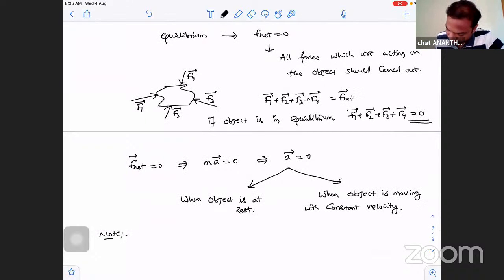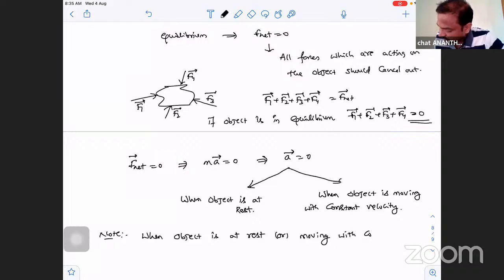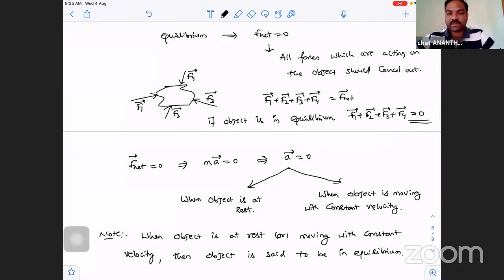When the object is at rest or moving with constant velocity, then the object is said to be in equilibrium, then we can say that the net force acting on the object is zero.